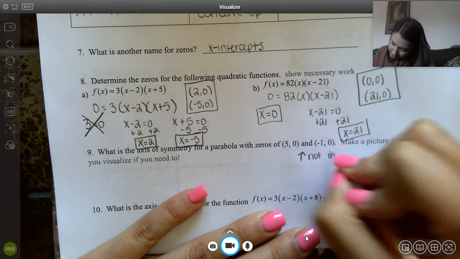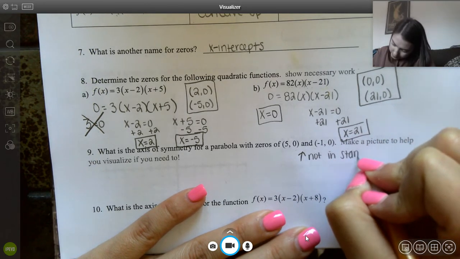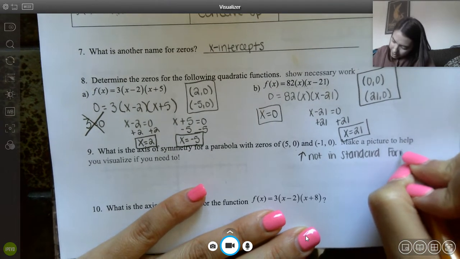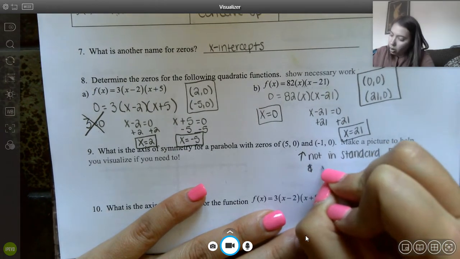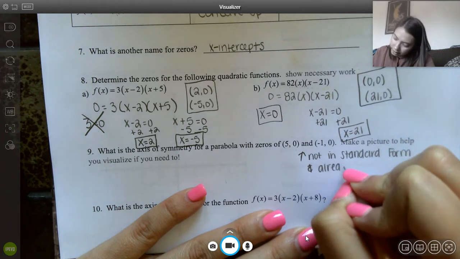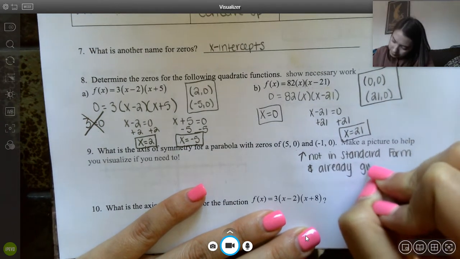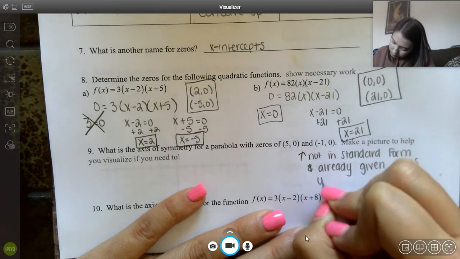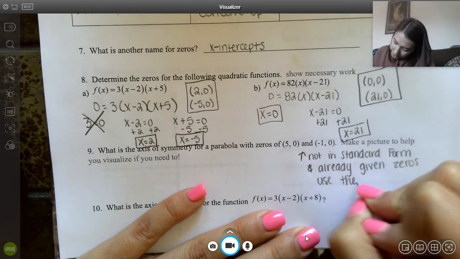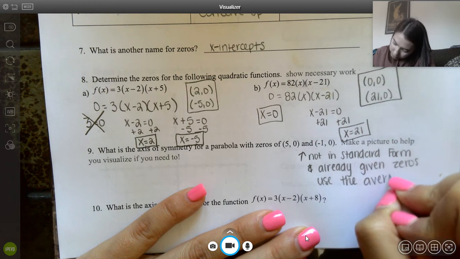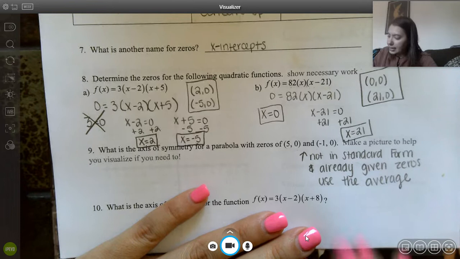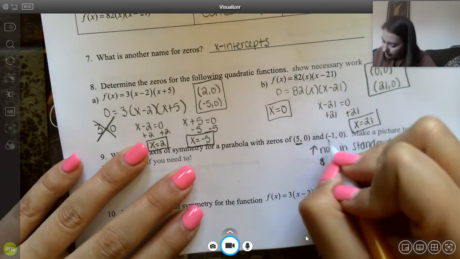not in standard form, and we're already given the zeros, we're going to use the average. Okay, so we're going to go ahead and use the average to find this. We're going to take each x value, 5 and negative 1.